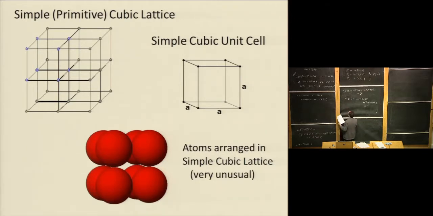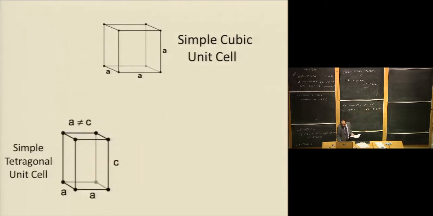So there are some variants on the simple cubic lattice that we need to know. Tetragonal lattice, which means axes perpendicular, 2 edges equal. So let's draw a picture of that. Here's simple cubic, here's tetragonal. 2 of the edges are equal, 1 edge is different.